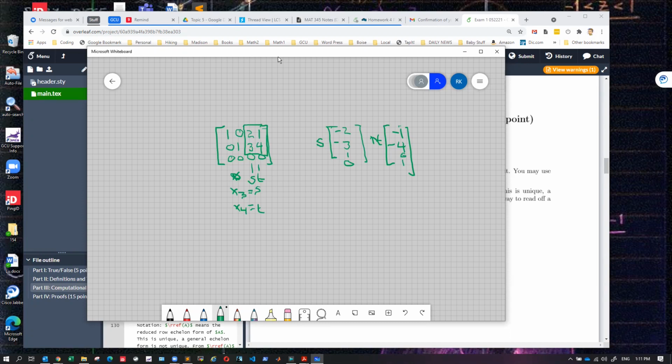Once you have the reduced row echelon form, it's trivial to get the basis for the null space. You can just read it off from the matrix. So what I'm asking you to do is basically to go backwards: given the basis for the null space, turn that around and read off what the reduced row echelon form has to be.